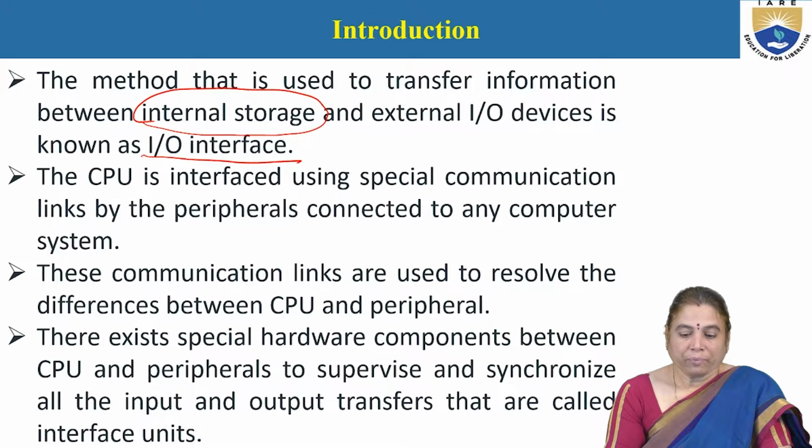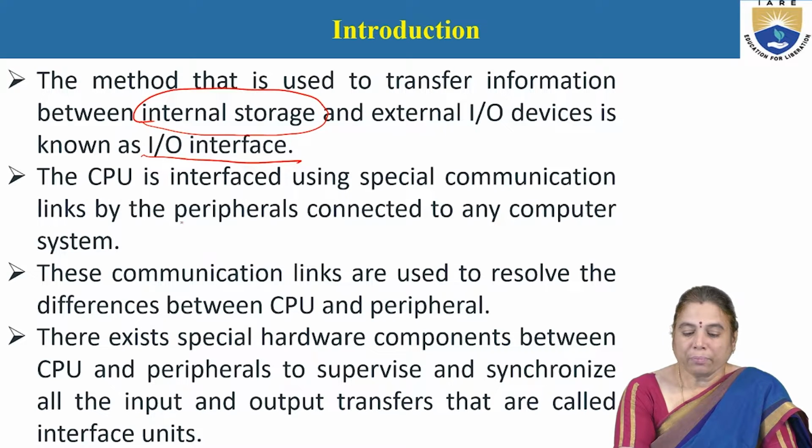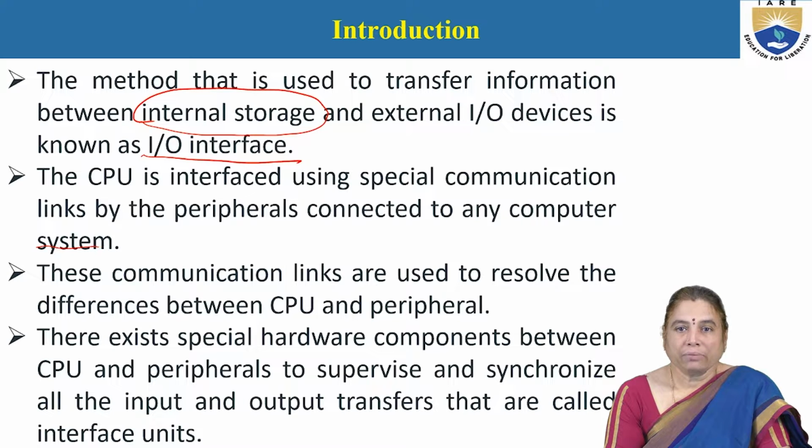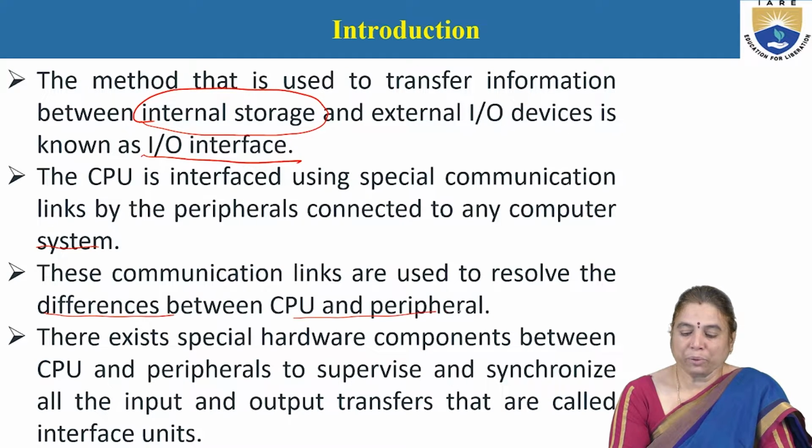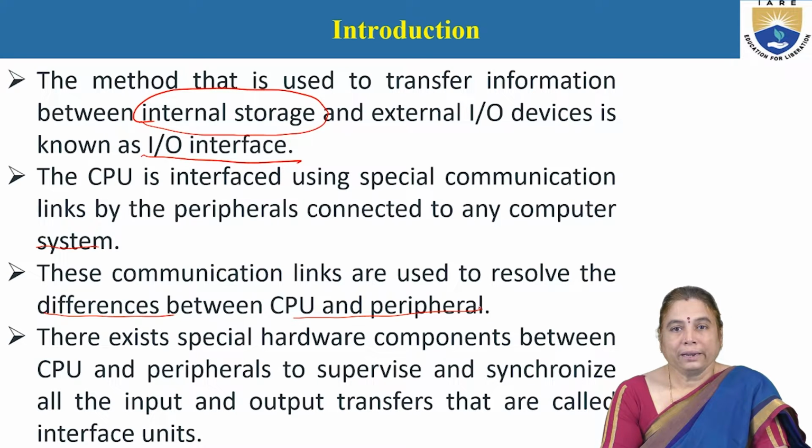The CPU is interfaced using special communication links by the peripheral connected to any computer system. Each peripheral device can employ an interface that can be connected to the system bus, which in turn connects to the CPU and memory to read and write the information from the memory. These communication links are used to resolve the differences between CPU and peripheral devices. So the interface is required between peripheral devices and the internal storage of the computer.